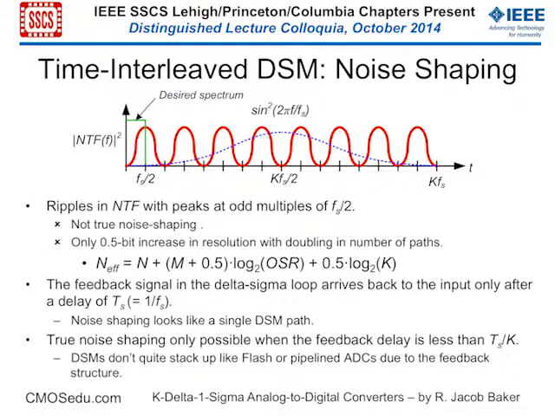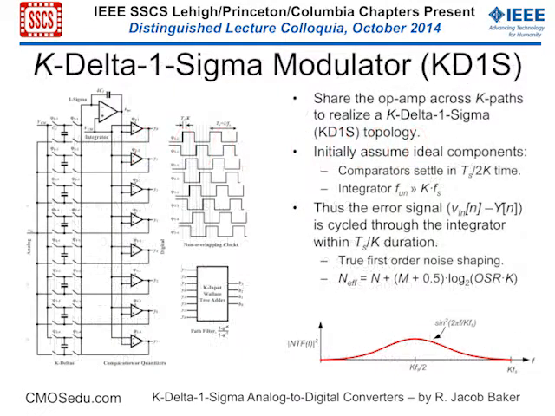So what do we do in order to get around that and get this true noise shaping, use the benefits of delta-sigma but have wider bandwidth conversion? The answer is we're going to do what's called the K-delta-1-sigma modulator. So here's your 1 sigma, and then you've got K deltas here with the clock phases in the correct way that goes down.